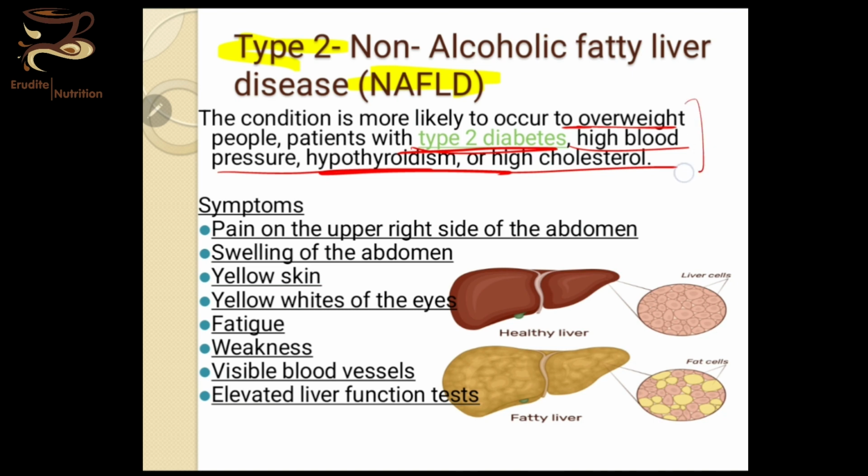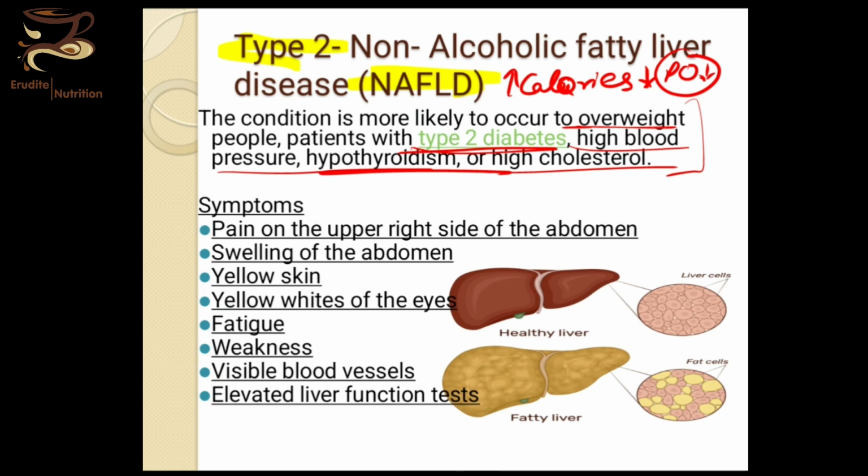So this is a general category in which the person is consuming so many calories, but the physical output is very less. So the person is not moving enough but having a lot of calories. This can lead to being overweight, type 2 diabetes, high blood pressure, dyslipidemia. All these problems can become contributing factors.